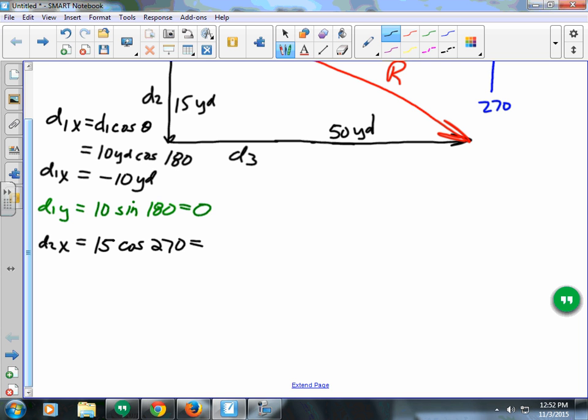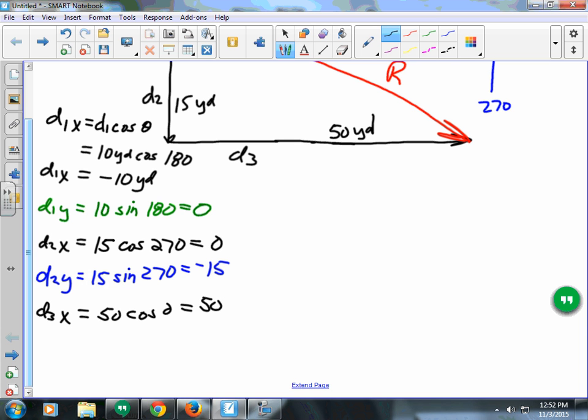And then y, what's it going to be? Negative 15. And I'm not putting my units. Shame on me. D3x is 50 cosine of what? 0, which equals 50 yards. And D3y, 50 yards times 0 equals 0 yards.